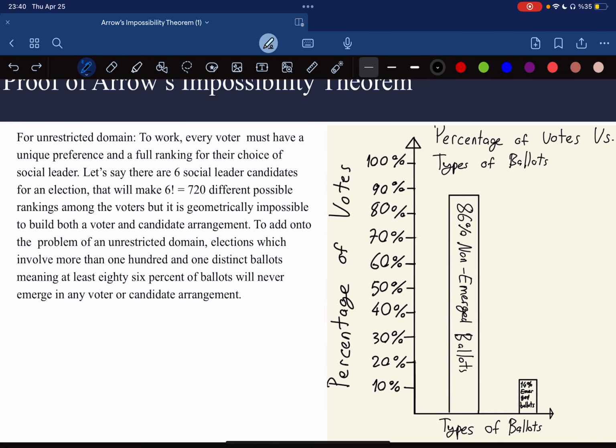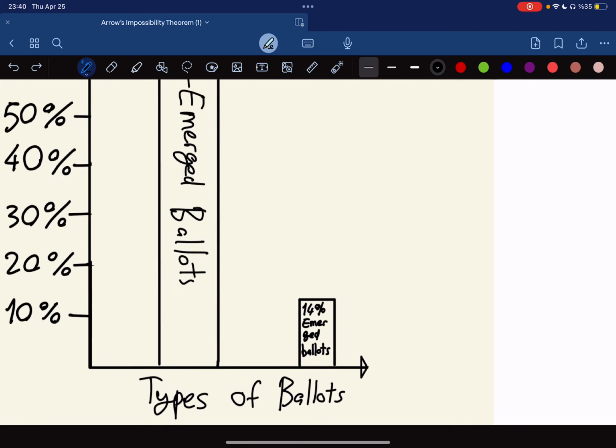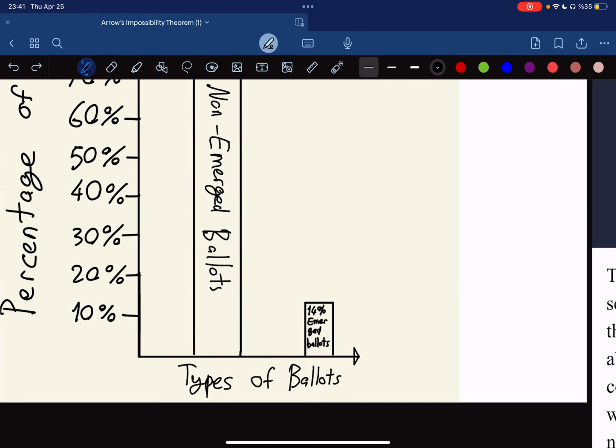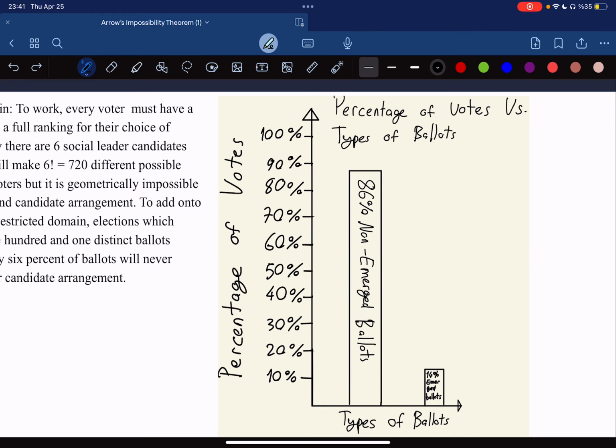And the 14%, which is the 161, is shown here, which can be seen with this graph named percentages of votes versus types of ballots.